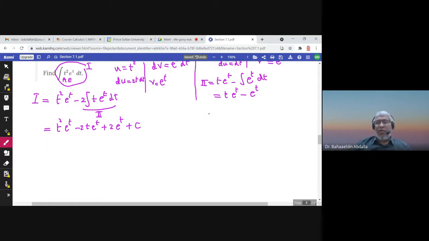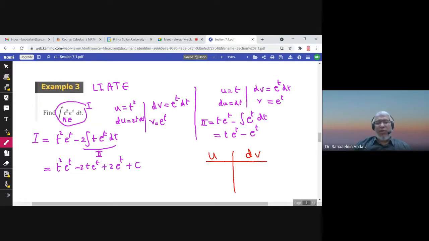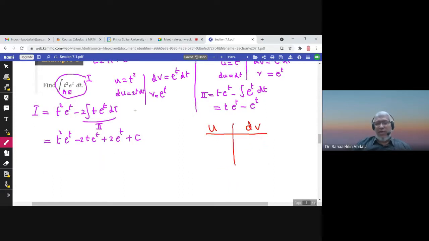We use this method if the function that we are finding its derivative, which is t square here in the original question, u is t square and dv is e to the power t dt. So u is t square and the function we are integrating is e^t.